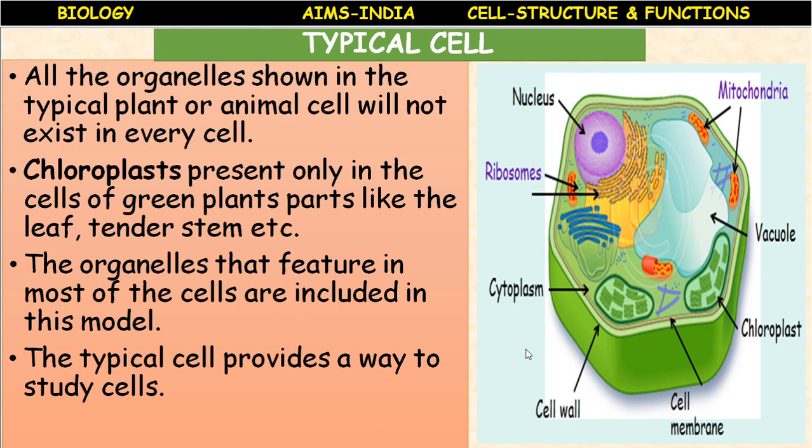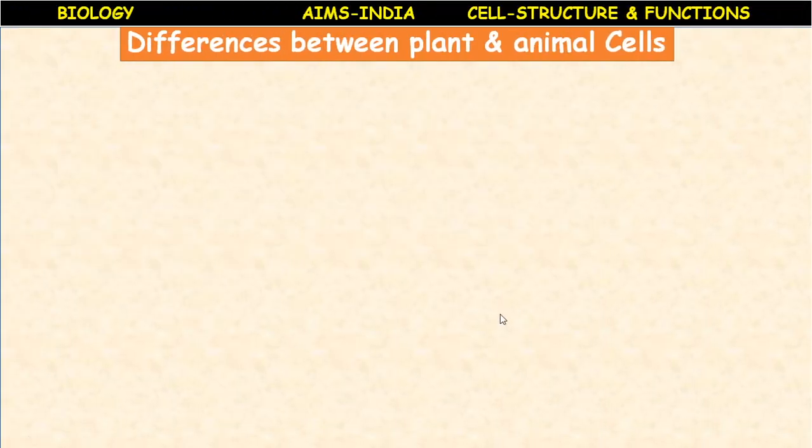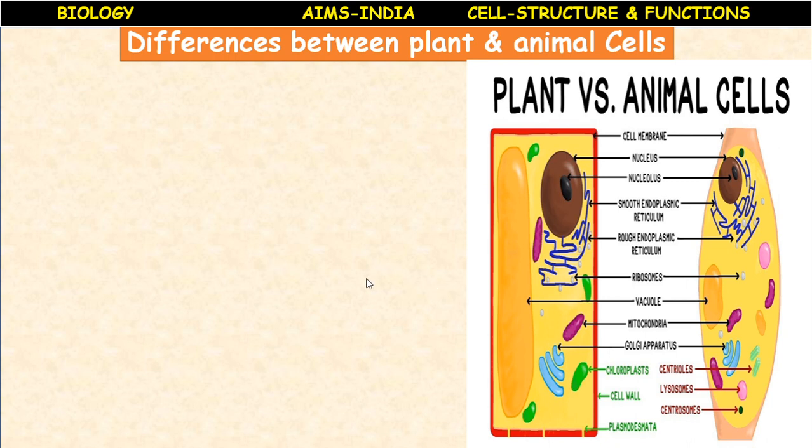So these are all the organelles we can see in a typical cell or a prepared cell.